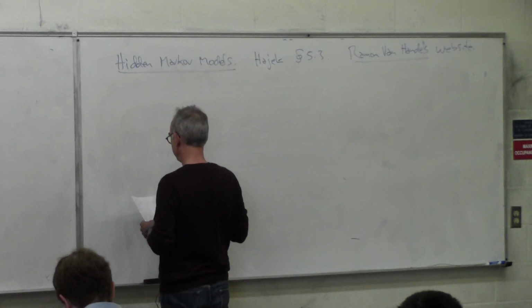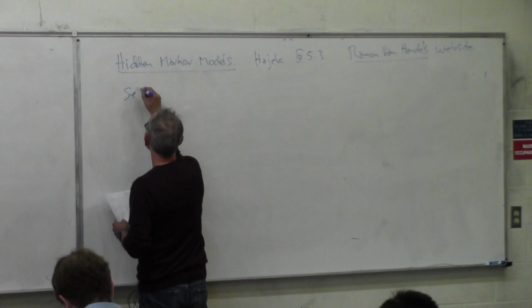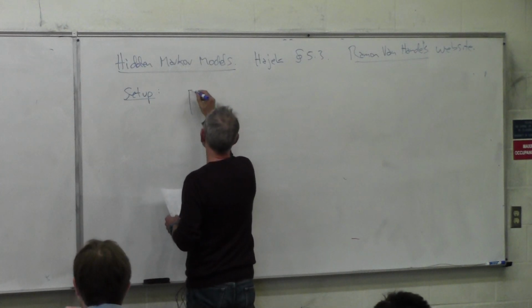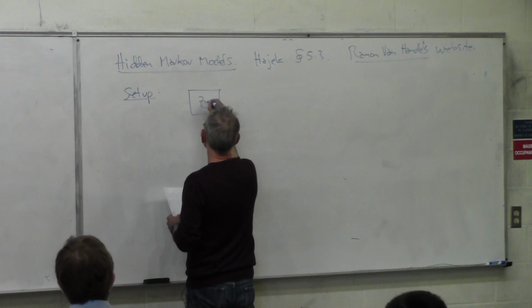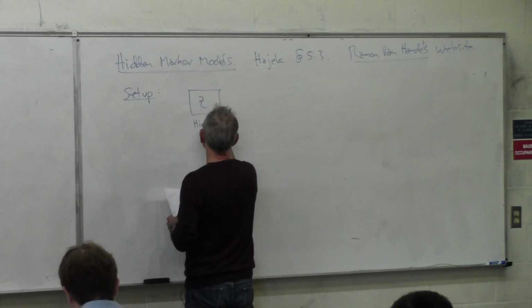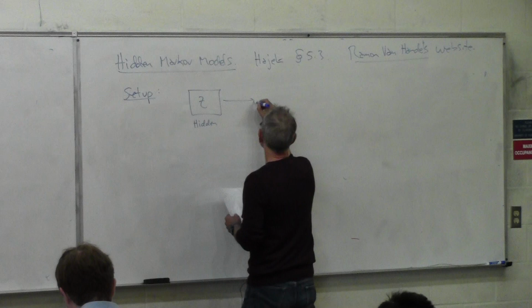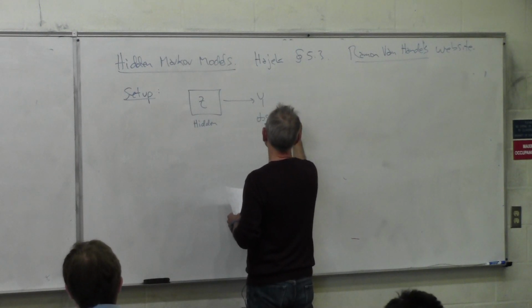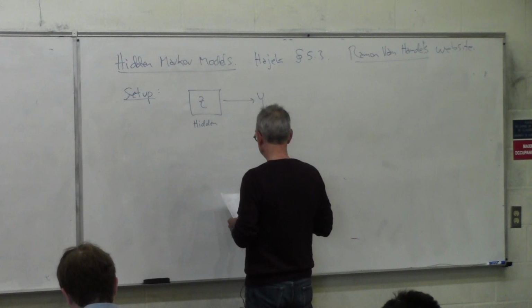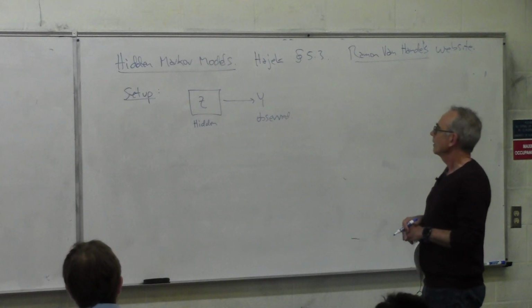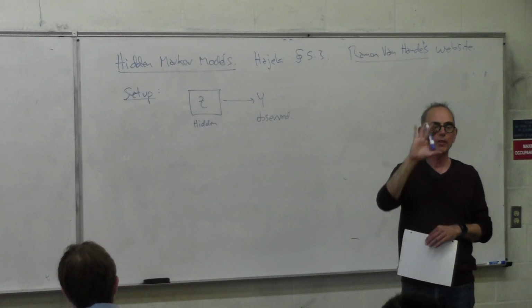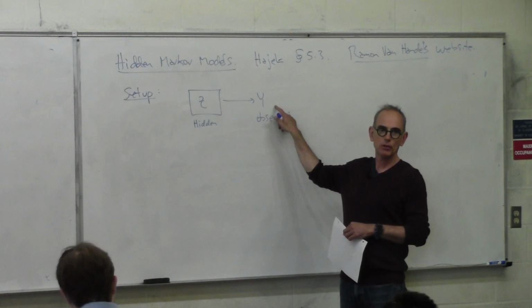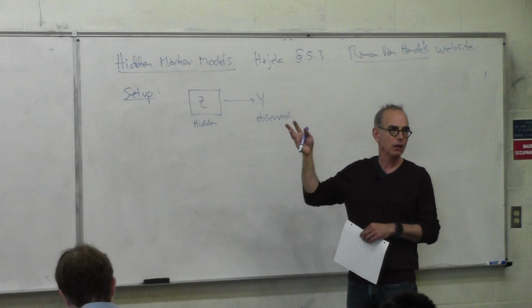So what do we have? So just think abstractly first of all. I have observations y, just like in the Kalman filter and all that.